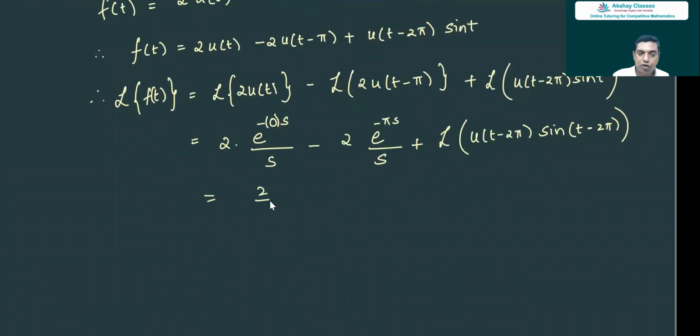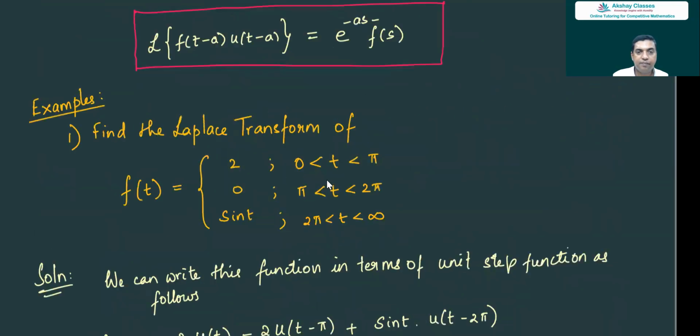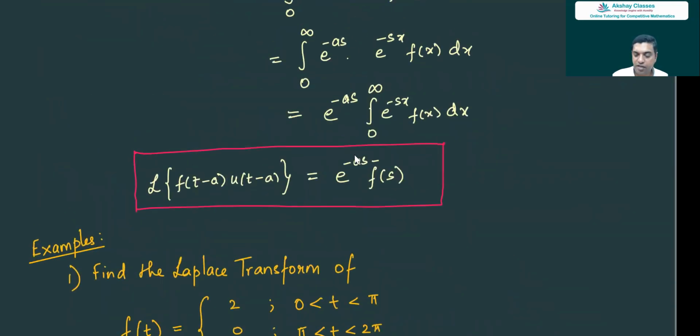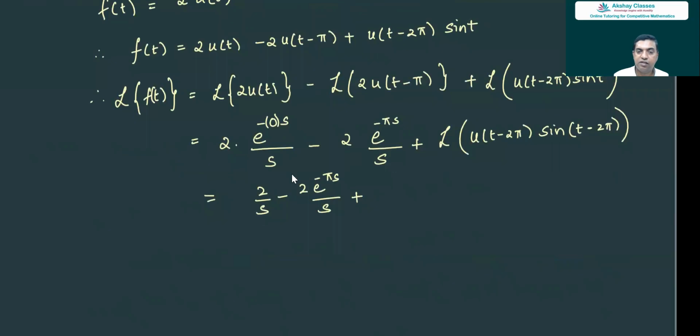This is 2 upon s minus 2 e power minus pi s by s. Now plus the result is e power minus as f bar s.